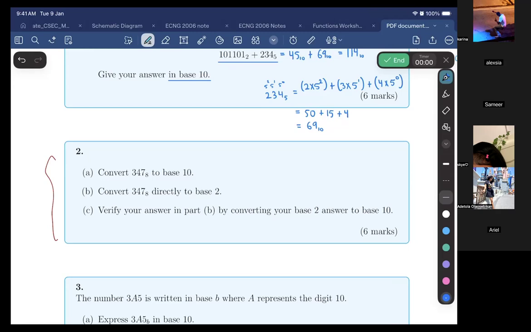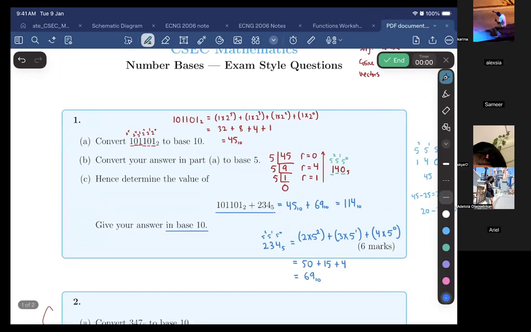Wait, where did you get 231 from? That was the answer for A. I don't have any 231 over here. Chloe, where do you see 231?